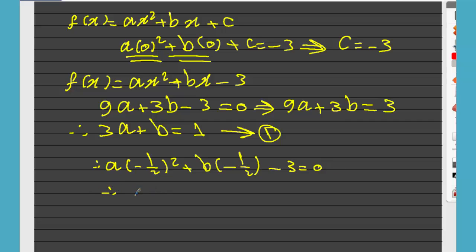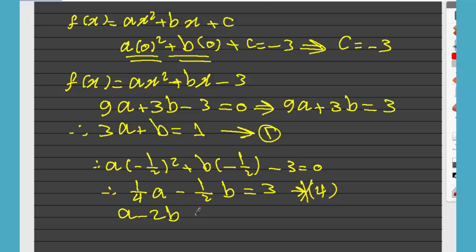Okay, so negative half squared is 1 over 4, so 1 over 4 a minus half b equals 3. Multiplying both sides by 4 to get rid of the denominator, we have a minus 2b equals 12.